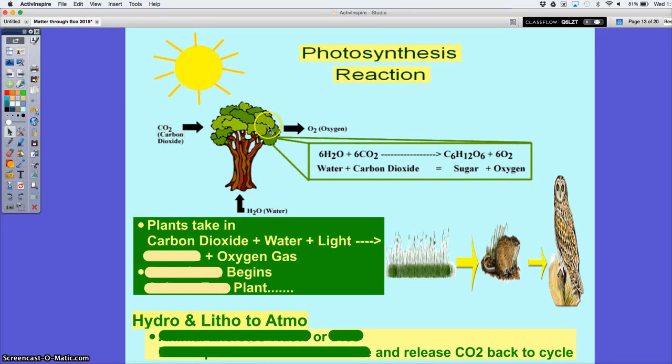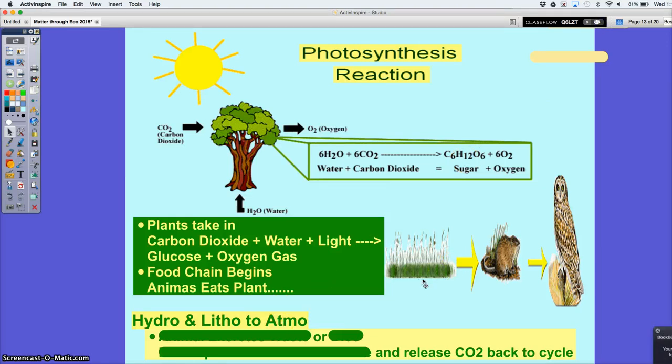You see, carbon dioxide enters from the atmosphere, and with the assistance from the sun, which drives the reaction, and water, it makes sugar. It's the first form of energy for organisms. And then the food chain begins, and then what happens? Animal eats the plant, and so on. And then what can happen?